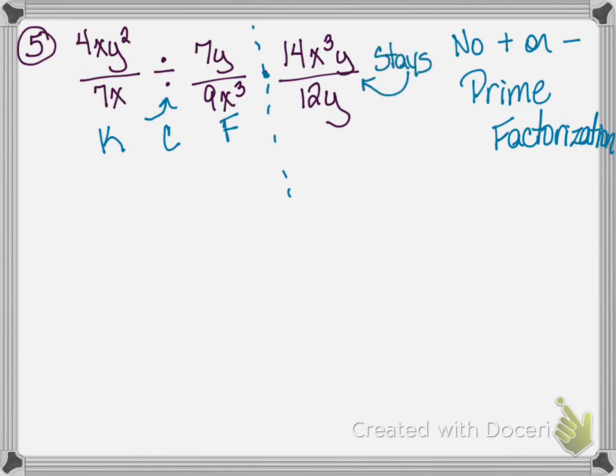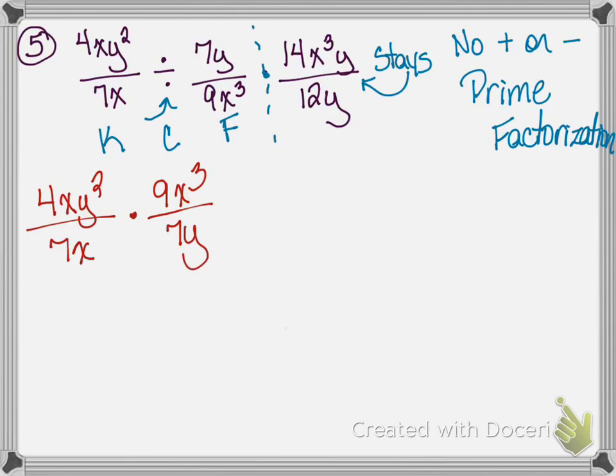This one right here stays. Okay? So I am going to keep my first one, so I have 4xy squared over 7x. I change this division sign to multiplication, and I flip that rational. So I have 9x to the third over 7y.